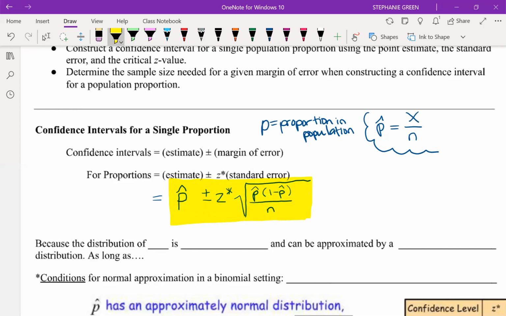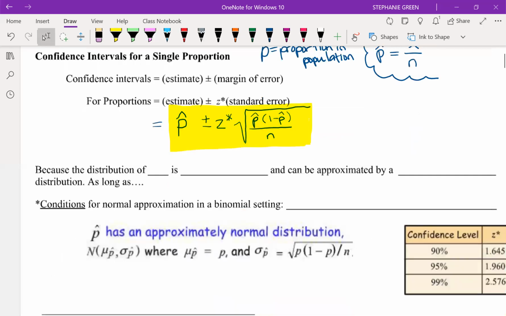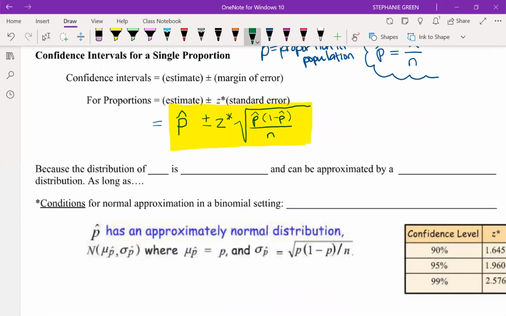Okay, so just like in the last unit, we will eventually talk about when we have two samples or two proportions and how we can do the same thing there. But of course, we're starting with the basics. All right, so p hat actually has a sort of binomial distribution. Remember, in a binomial distribution, we take a sample of a certain size and then we count how many successes we have.